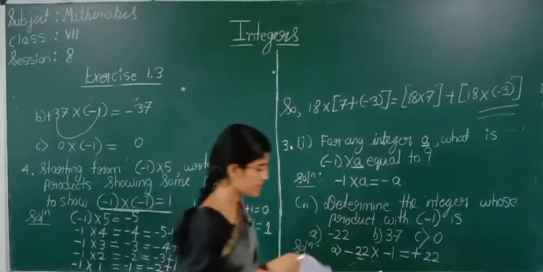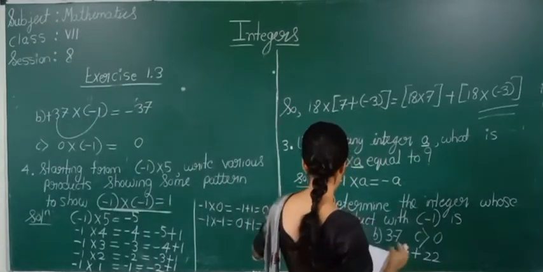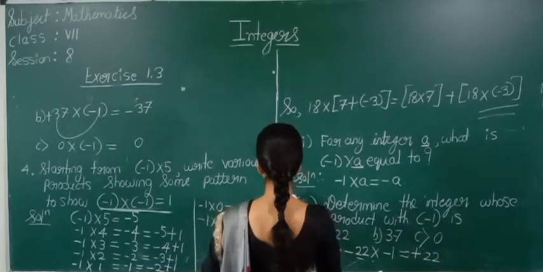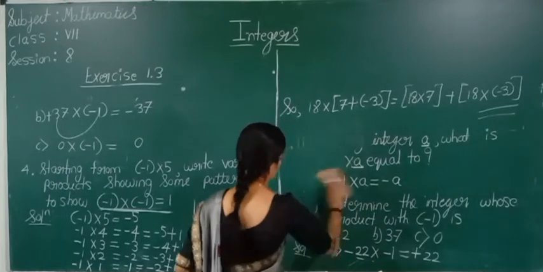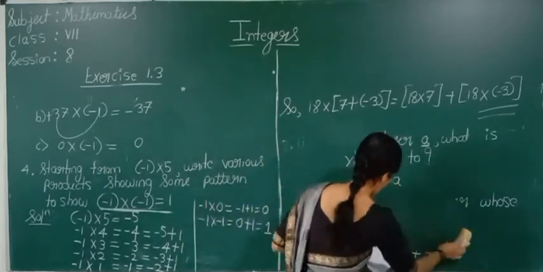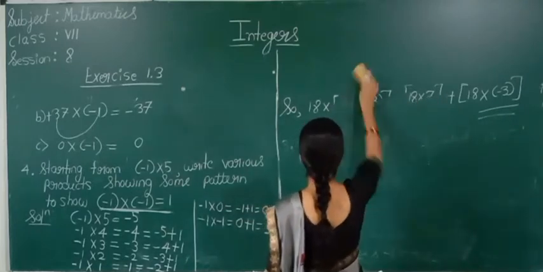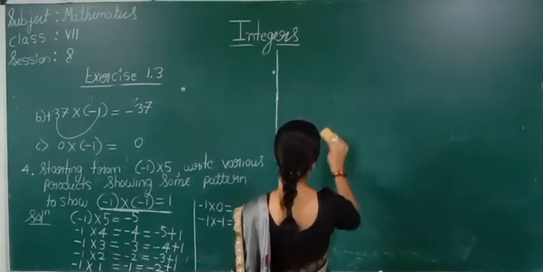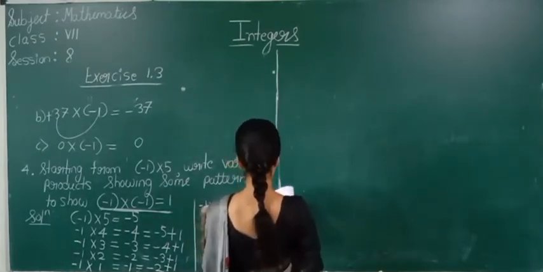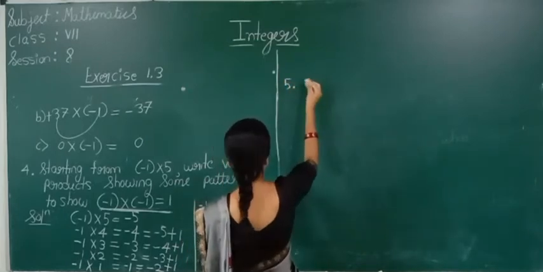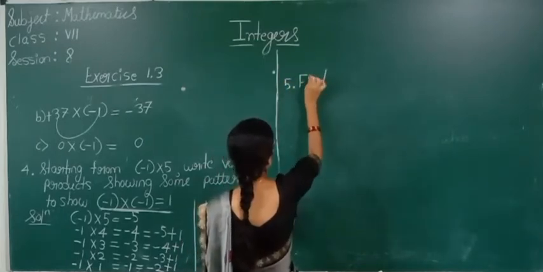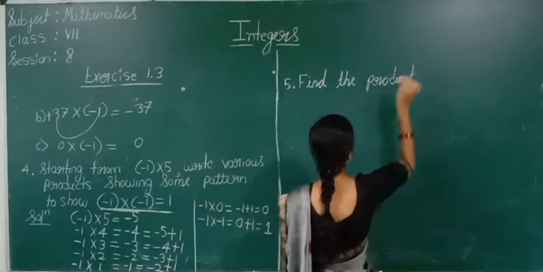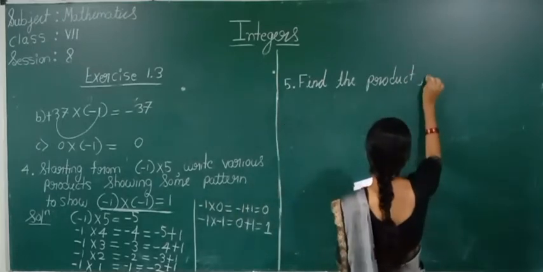Okay? Now we will see the fifth one of the exercise 1.3. We will see the fifth one. See, the fifth one they have given: find the product using suitable properties.